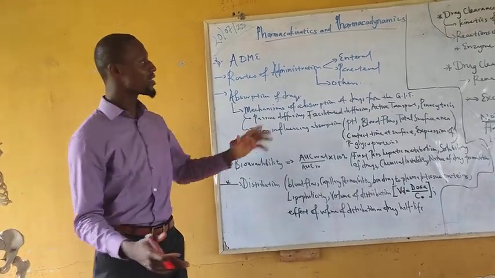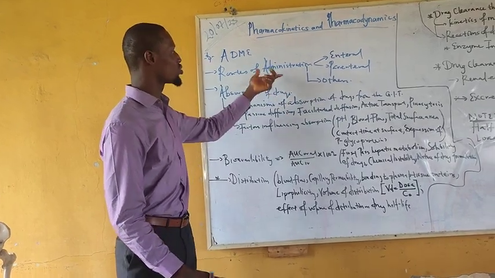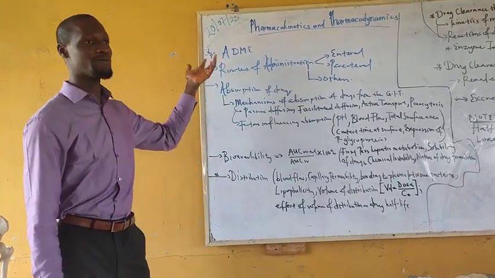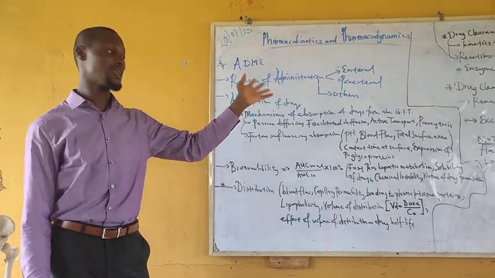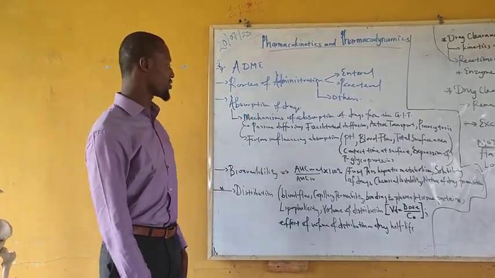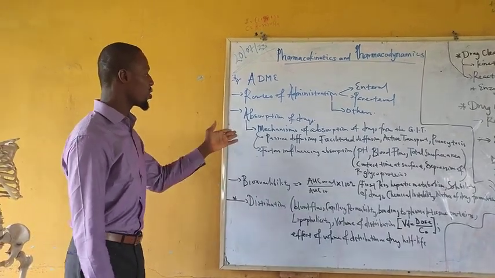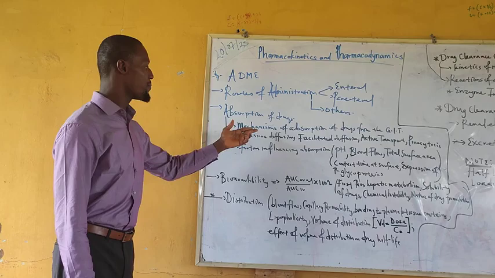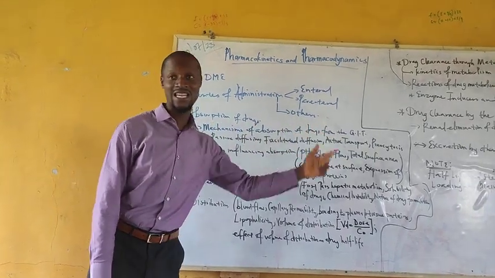But primarily, we need to discuss the route because the route will affect the processes of absorption, distribution, metabolism, and excretion. From there, we come to absorption of the drugs. What are we looking at on absorption? Essentially, the mechanism of absorption of drugs from the GIT.